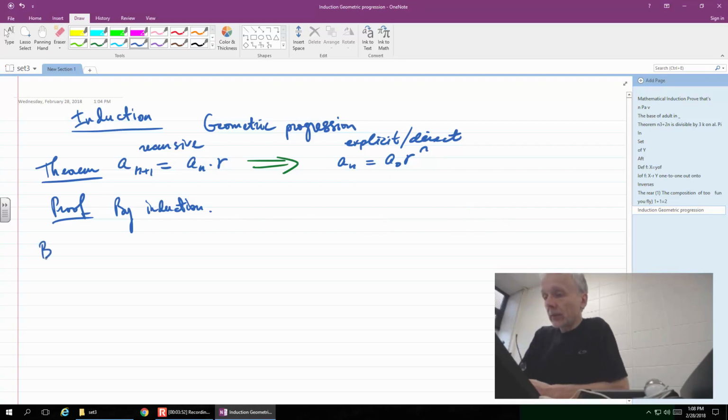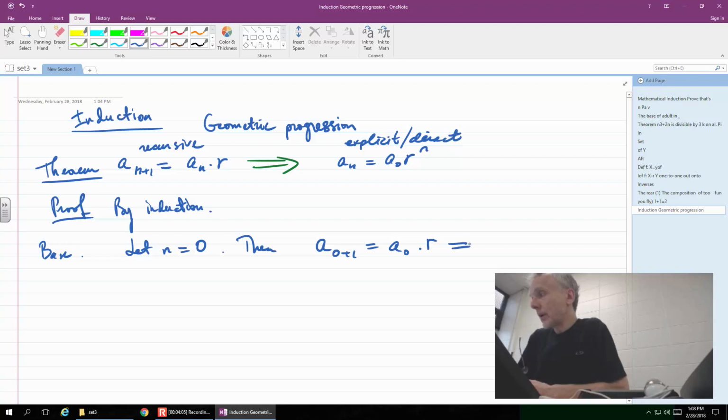So base: let n equal to 0, then A0 plus 1 equals A0 times R, implies, I'm rewriting the whole theorem, A1 equals A naught times R1.